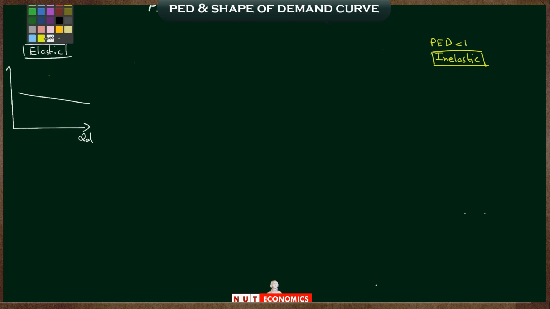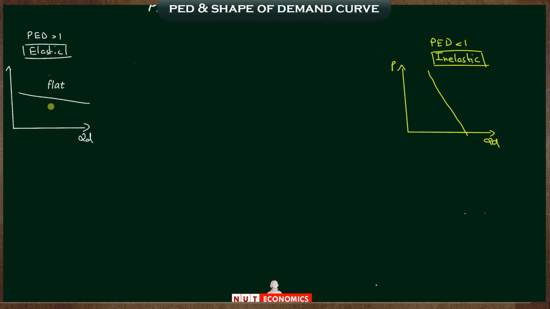Whereas if the demand for your product is inelastic, and that is quantity demanded does not change a lot, then for this sort of inelastic product, the demand curve will be very steep, much more like a straight vertical line. Now this is what you need to remember. A flat demand curve means elastic, a steep demand curve means inelastic.